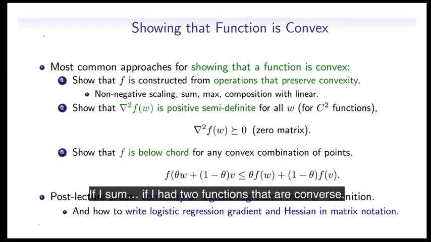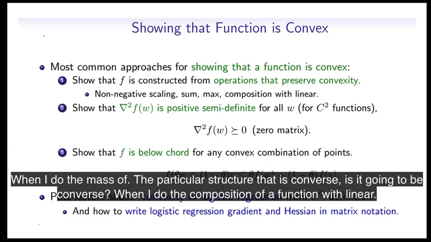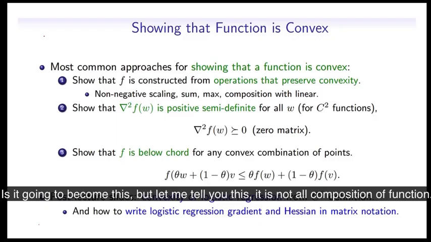If I add two convex functions, the resulting function is still convex. When I take the max of convex functions, it's still convex. When I do the composition of a function with a linear map, it's still convex.